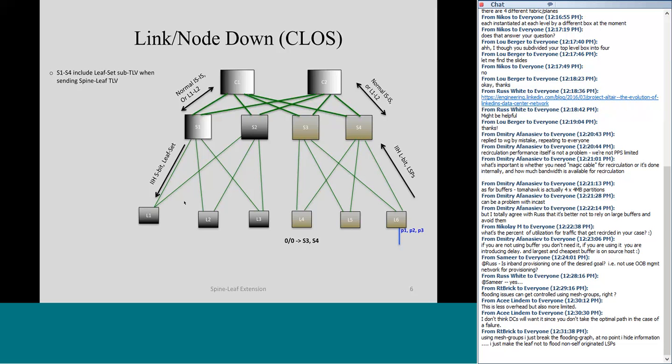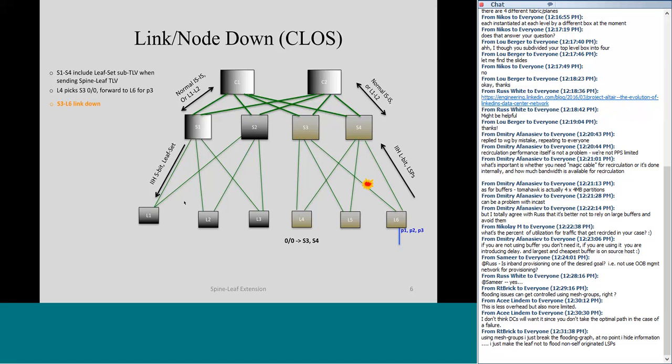So they're load sharing on the default route. Let's say L4 picks S3 as the gateway to reach L6 for the prefix P3.